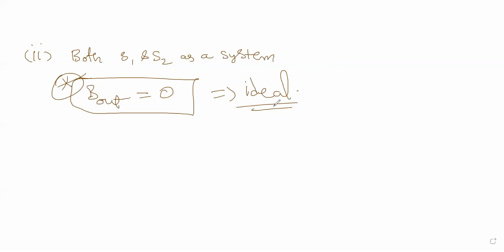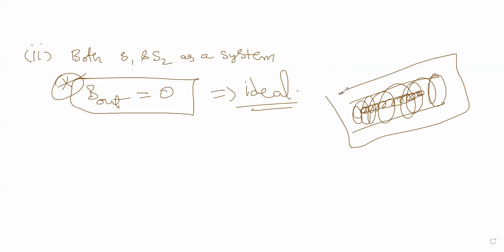So the field outside the solenoid: this is the inner core, this is the inside solenoid, and then you have an outer core outside. What they're asking is that you consider these two, the S2 and S1 together, as one single system.